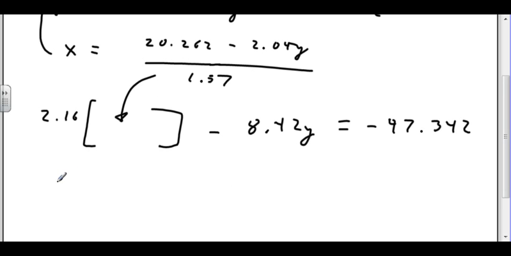All right. 3.1946, which is wrong. 31.946 minus 2.16 times 2.04 divided by 1.37.